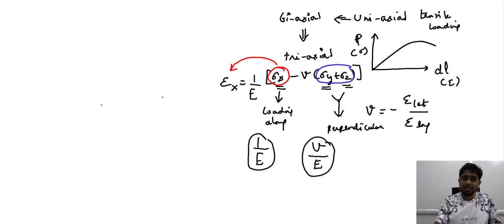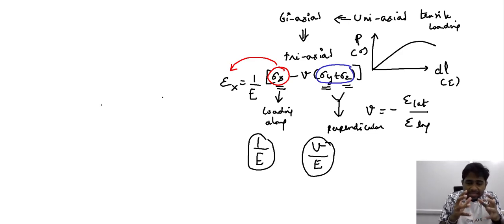So therefore, even though all the three tensile stresses contribute to the response offered by the material, the amount of contribution they make varies, and when the strain direction and the stress direction are the same, the contribution is proportioned based on the ratio of 1 by E, that is 1 by Young's modulus, whereas in case of the stresses along the perpendicular direction, their contribution is proportioned based on the ratio of the Poisson's effect and the Young's modulus.